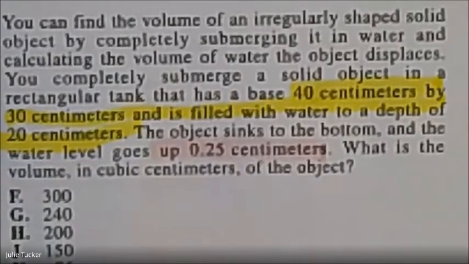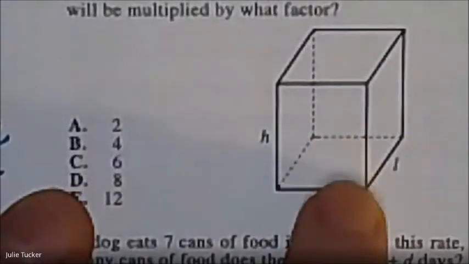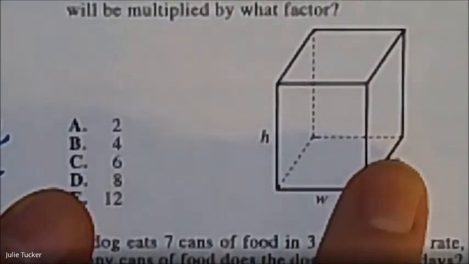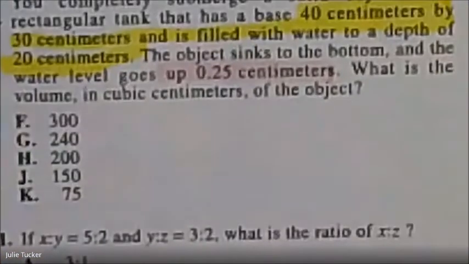So we have to figure out the volume of, did it say a cylinder? It says a rectangular. Okay. So it's kind of like this shape, a rectangular solid tank, kind of like a fish tank. So let's just draw that really quick.